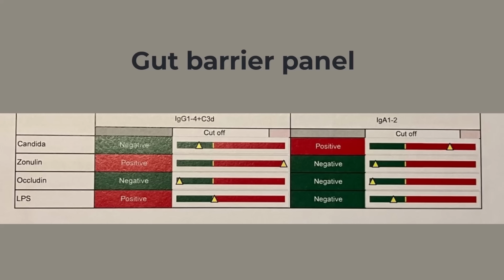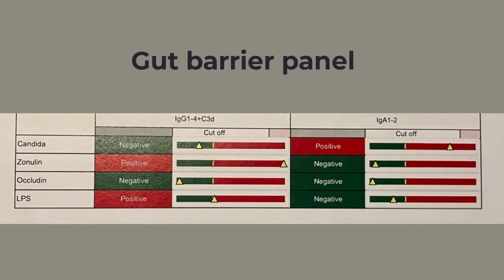And then in the other column, we've got IgA 1 to 2. This is putting together 3 different parts of our immune system, combining in the one result. This is excellent because it's giving us, again, more detail about what exactly our immune system is doing.